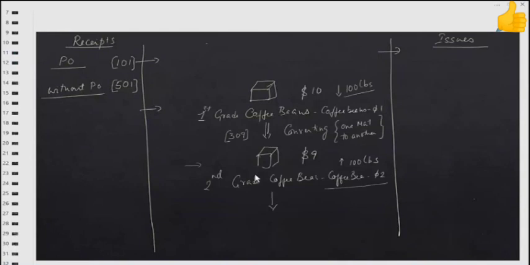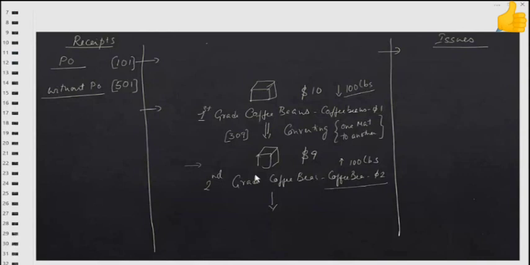Now when you do this conversion, right, from first grade to second grade, how do you know that it's time to convert? You have some metrics, right? You do some kind of QA, quality analysis, and determine that it's no longer relevant for first grade.